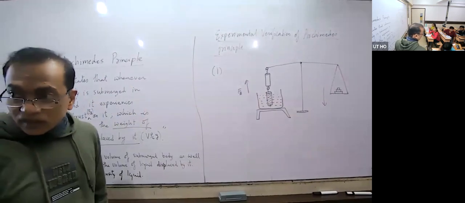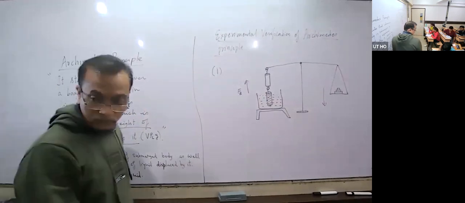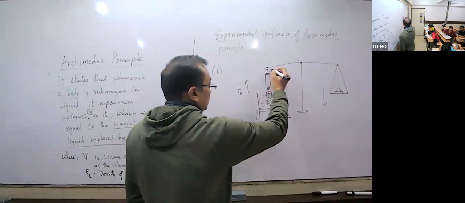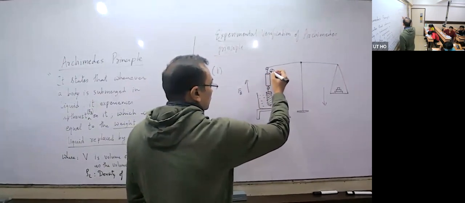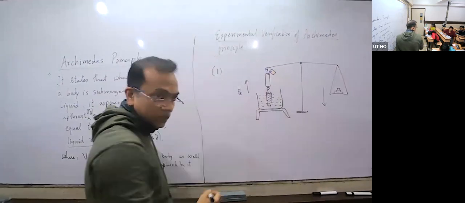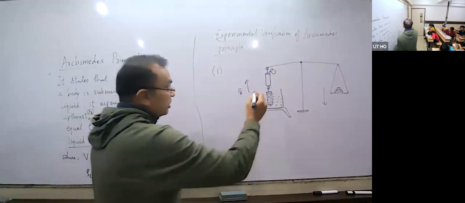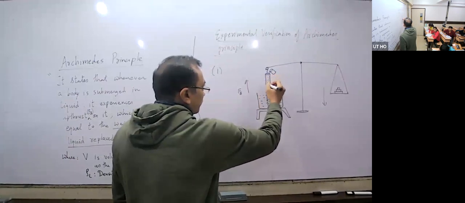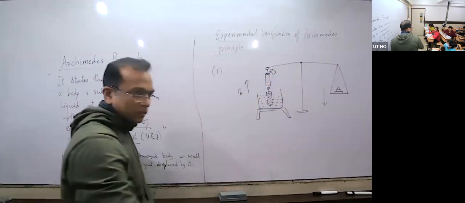So to balance it again, what did we do? We will now fill liquid over here. This was hollow, right? So now we'll completely fill this with liquid. We see that it balances again.